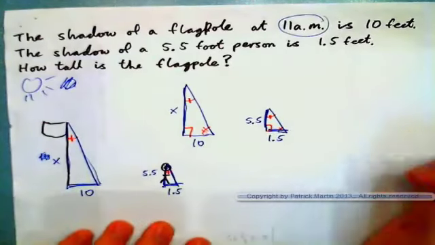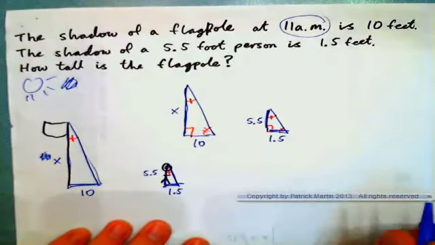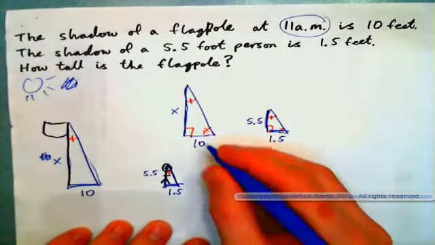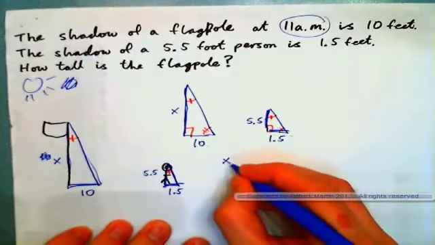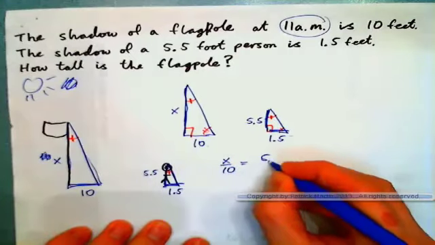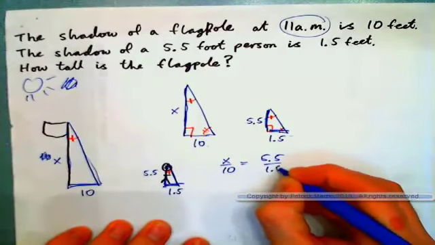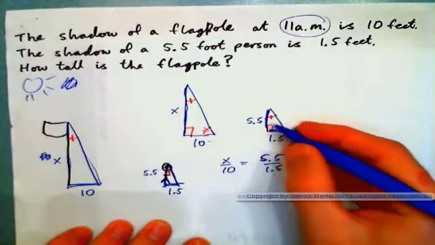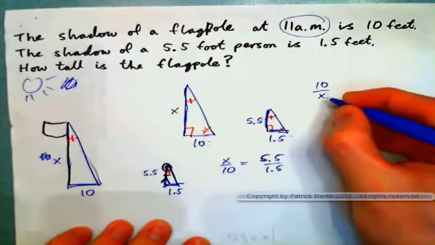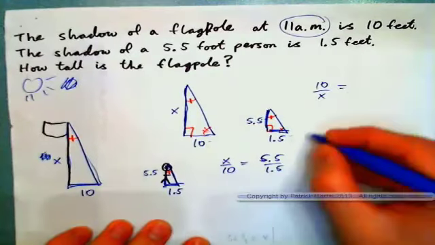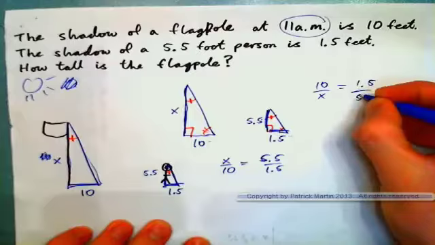And so we can use a proportion to get the height of the flagpole. We could say x over 10 equals 5.5 over 1.5. So the long side over the short side equals long side over short side. Or you could have done this: 10 over x, short over long, equals 1.5 over 5.5.